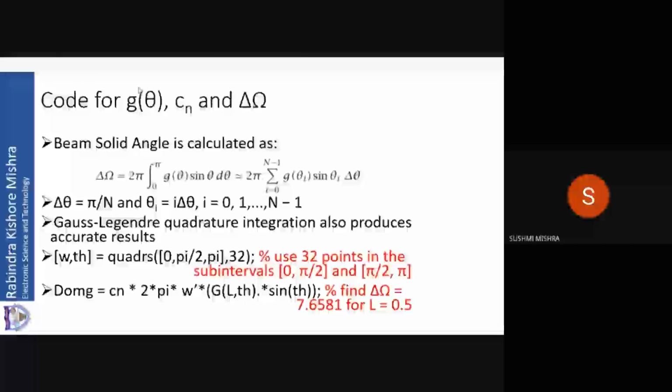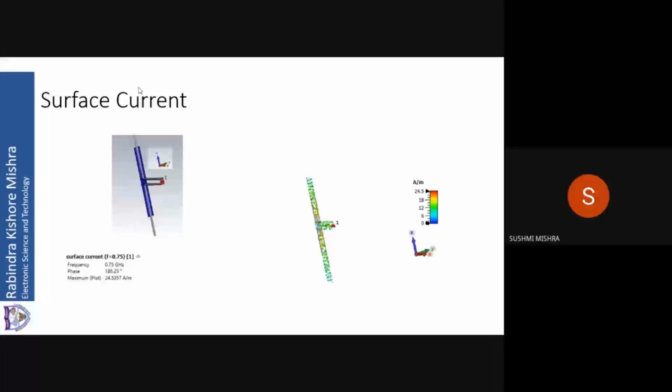Now let me show a simulation of a half-wave dipole antenna. On the left side you can see the half-wave dipole antenna. My aim is to design a half-wave dipole antenna for the GSM 900 band.